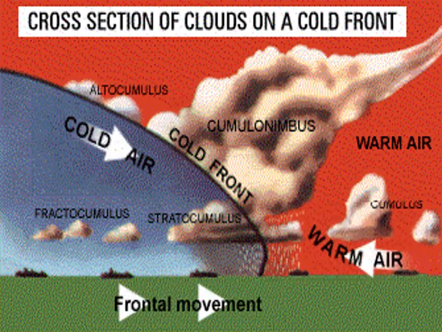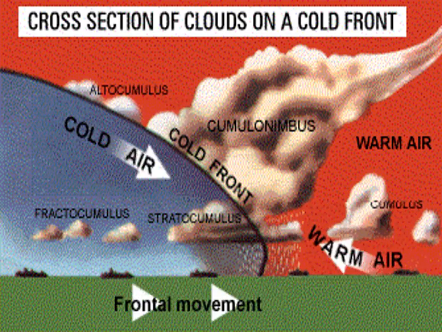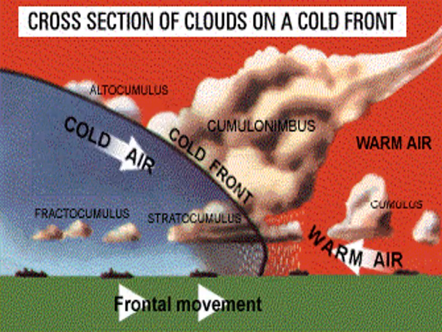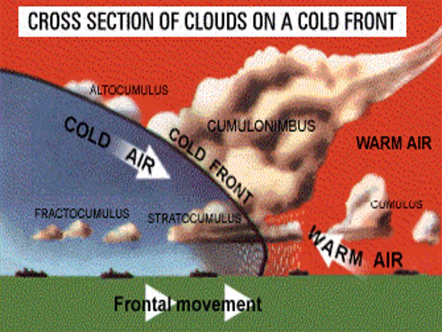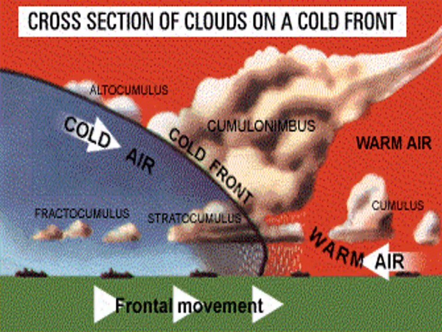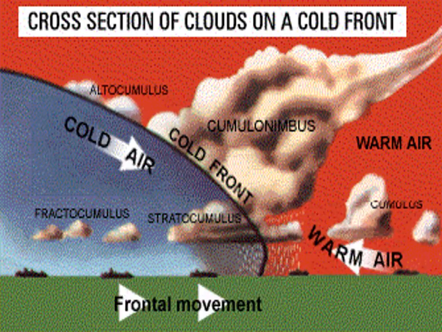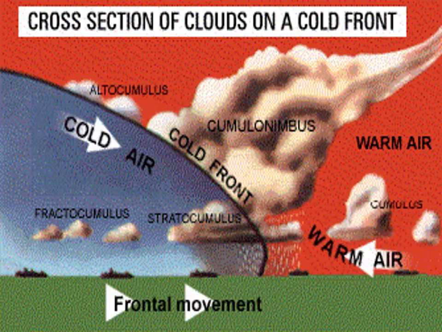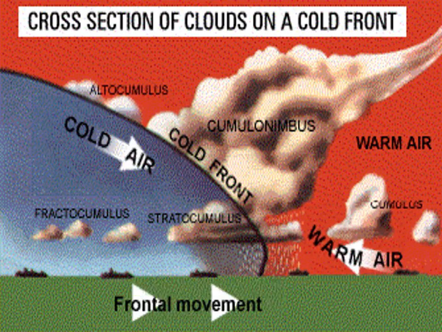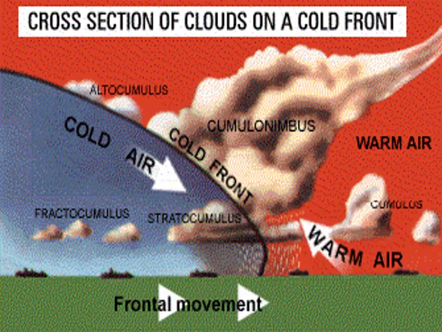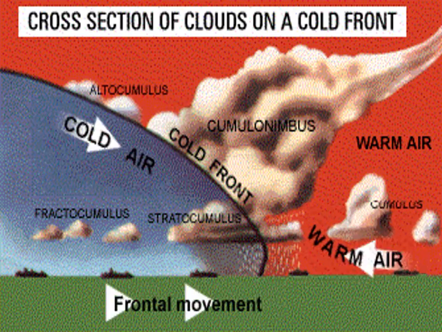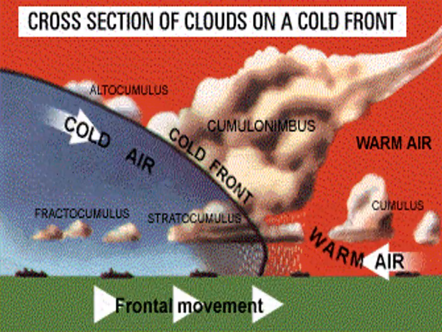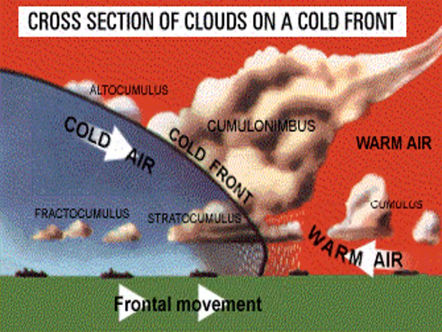This is a really cool animation. This shows you the frontal movement. So this is a cold front moving into an area that has warmer air. Cold air is more dense than warm air, and because of that, it's going to push in and cause the warm air to rise up above it quickly. And that quick rising action of the warm air will create clouds, because the warm air holds more water vapor than cold air does.